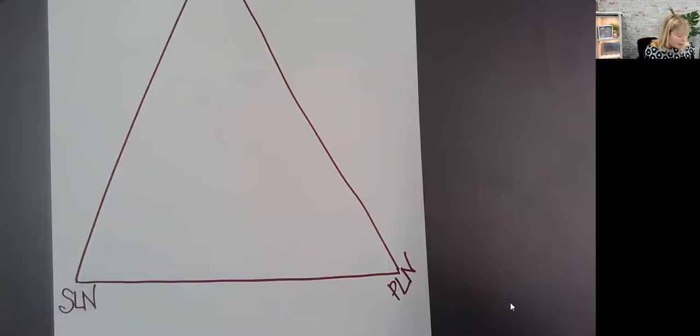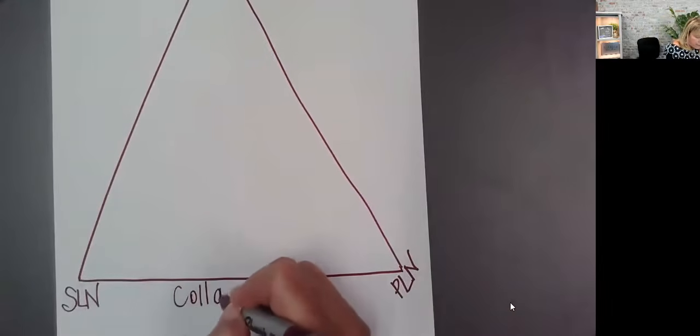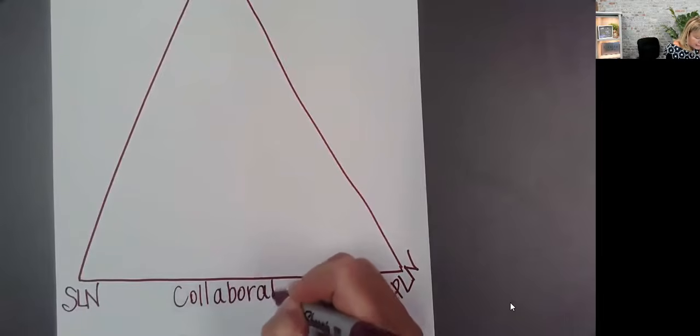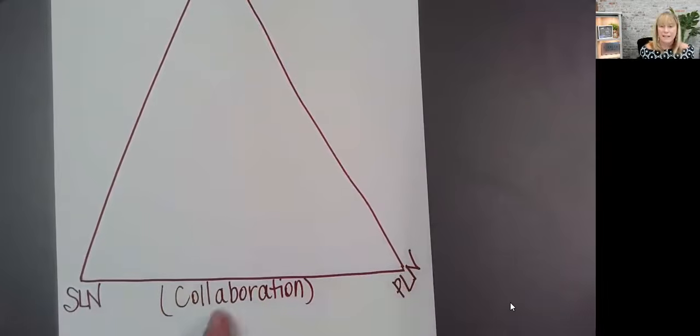That's great. All right, now at the center of what matters here with your SLN, meaning student learning need, and your PLN is collaboration. Collaboration is crucial. We have to know that you have gone outside of the walls of your classroom.